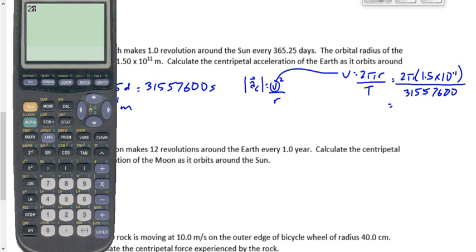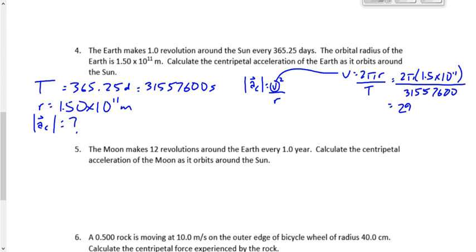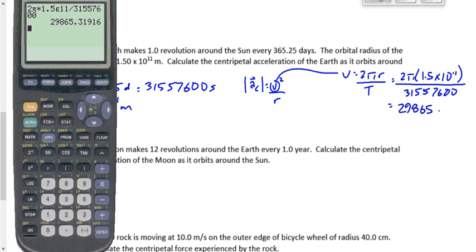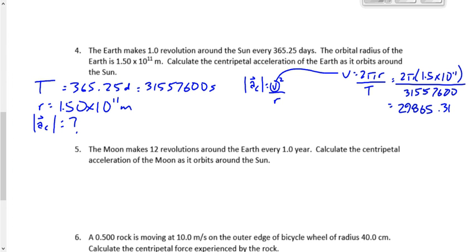Now let's do the math on this one and see what we end up getting. 2 times pi times 1.5 times 10 to the 11. Now let's divide that by 31,557,600. We're going to get a value of 29,865.319 meters per second.